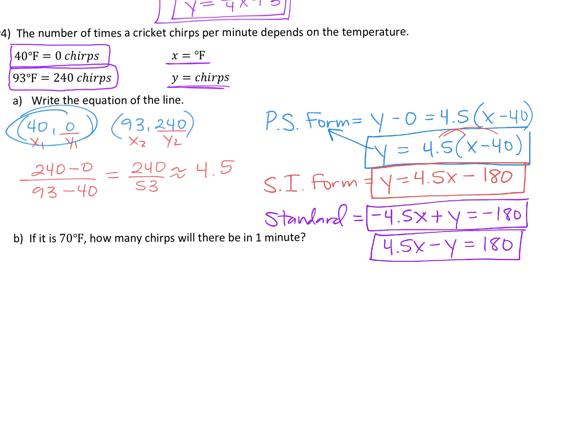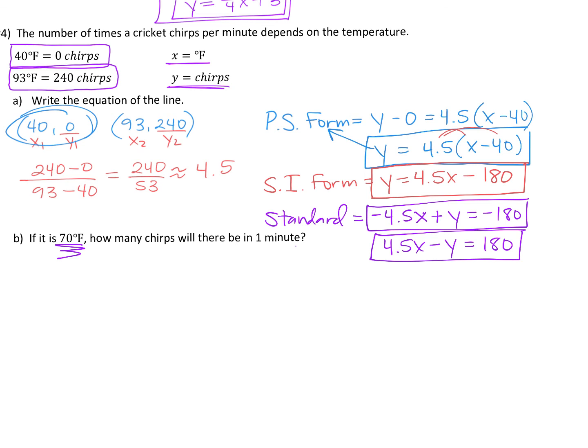Okay? Okay, so with all of that, the question is, if it's 70 degrees outside, how many chirps would there be in a minute? If it's 70 degrees. What do you do? Which form would you use?